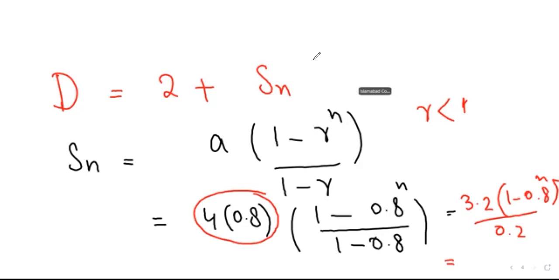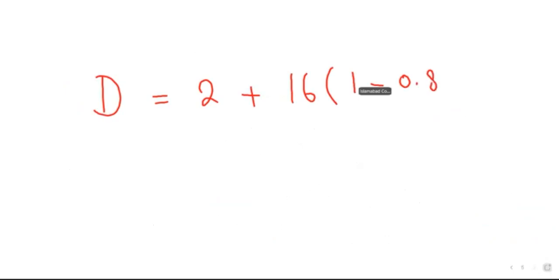If we divide 3.2 by 0.2, it would be 16 times 1 minus 0.8 power n. So this is Sn. For the total distance, we can replace this back in the equation. So d is 2 plus 16 times 1 minus 0.8 power n. This is our total distance in terms of n.